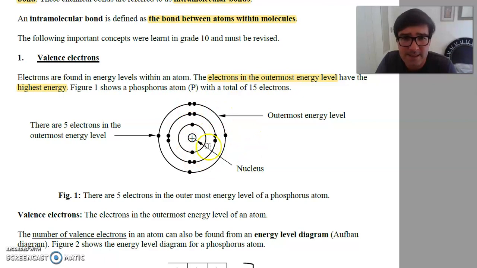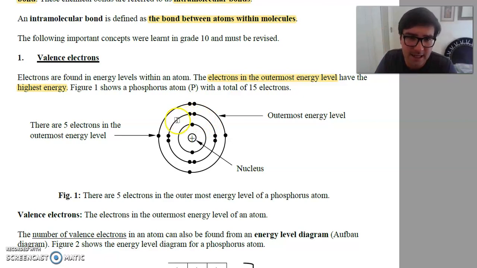So in this diagram, this is a representation of the electrons that we find in a phosphorus atom. I want to remind you, the first energy level over there, we've got 2 electrons. It only contains a 1s orbital and it can only take a maximum of 2 electrons.